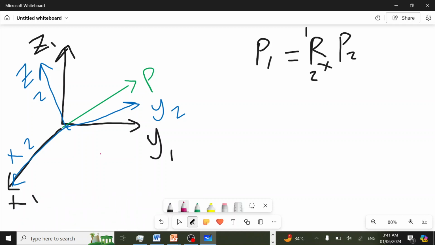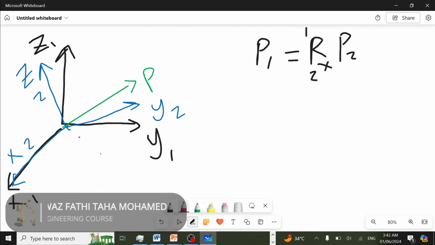If you make a rotation around this y-axis, the y-axis will be fixed, but the x, here we want to make a rotation for the new frame around the new y-axis, okay.